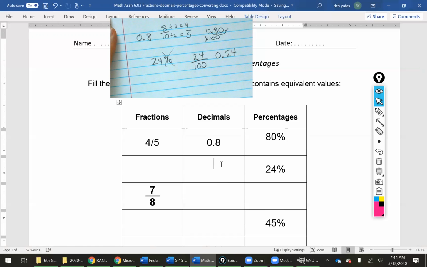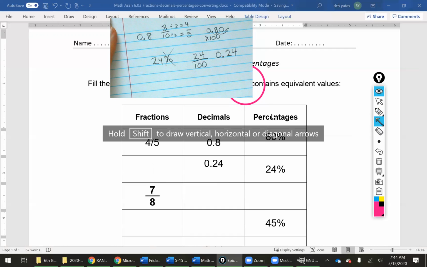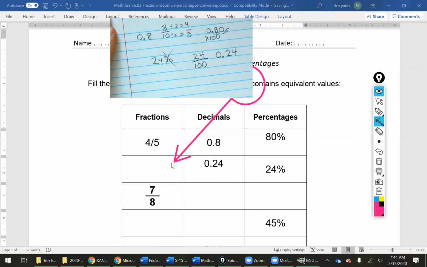Oops, added the decimal first. 0 and 24 hundredths. Now, that 24 hundredths fraction that I just made is a fraction, and I could put it over here, but I want to wait before I mark my fraction to make sure that I haven't actually simplified. And I haven't. 24 and 100 are both even numbers, so I can divide them both by 2 and get 12 over 50.